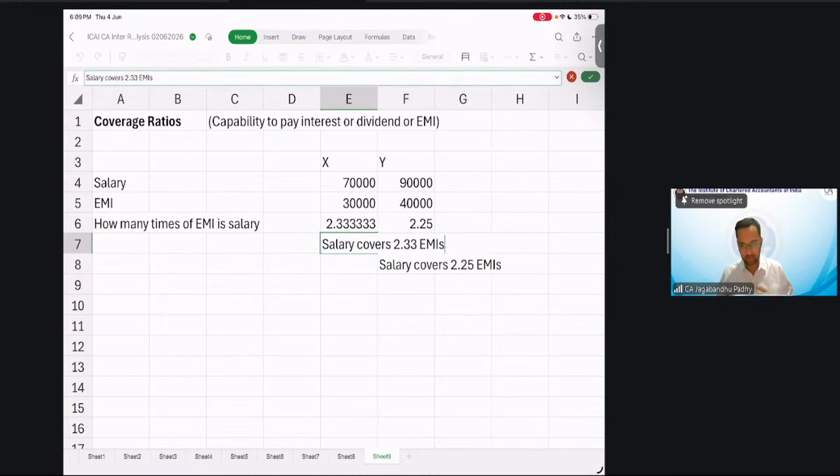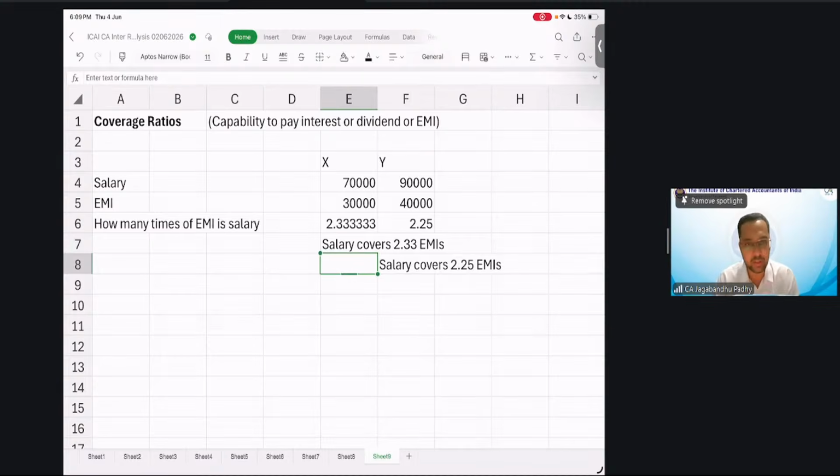So X's salary is enough to cover 2.33 EMIs and Y's salary is enough to cover 2.25 EMIs. X has got a salary which is going to cover 2.33 EMIs and Y has a salary which is going to cover 2.25 EMIs.